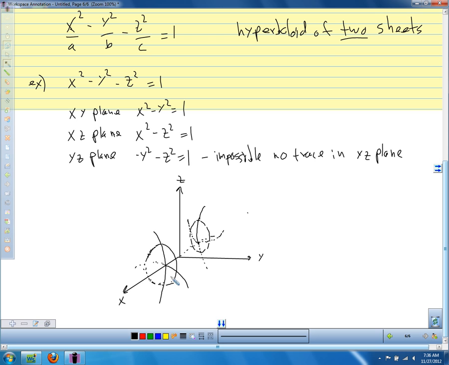So they look like two satellite dishes facing away from each other. And they're disconnected, and there's no trace in the yz plane.